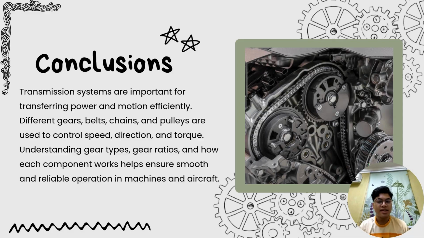By understanding the different gear types, gear ratios, and function of each component, we can design machines and aircraft that operate more effectively and with better performance. Proper knowledge of the transmission system also helps in maintenance and troubleshooting, reducing energy loss and improving overall reliability.